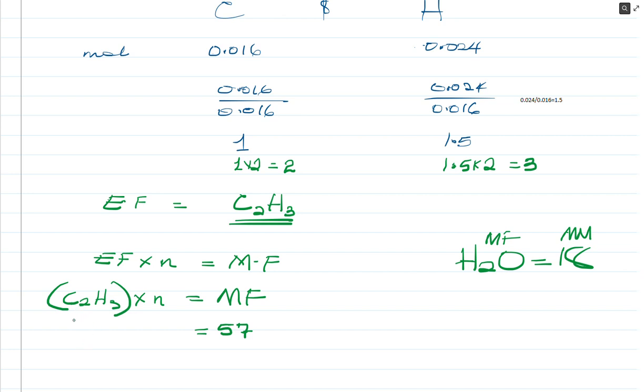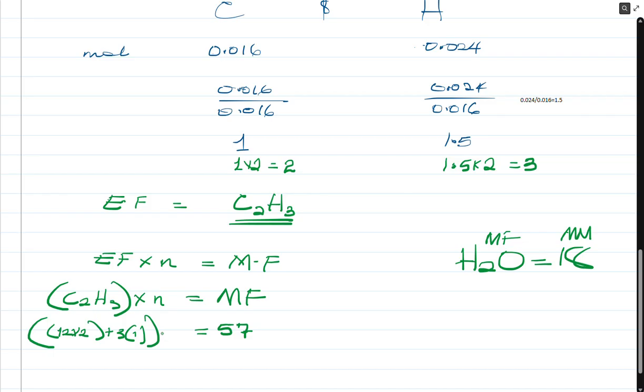So we know that we have 2 carbon atoms, and carbon is 12. So it means 12 times 2 in bracket plus hydrogen. We have 3 hydrogen atoms, and the molecular mass of hydrogen is 1. And then everything times N outside here. So carbon, 2 times 12 is 24, plus 3, that is 27. So 27N equals 57.